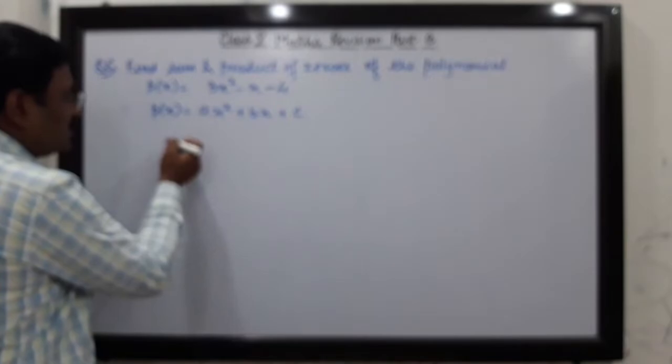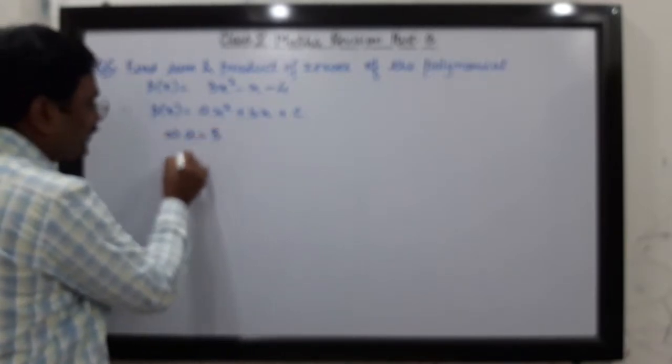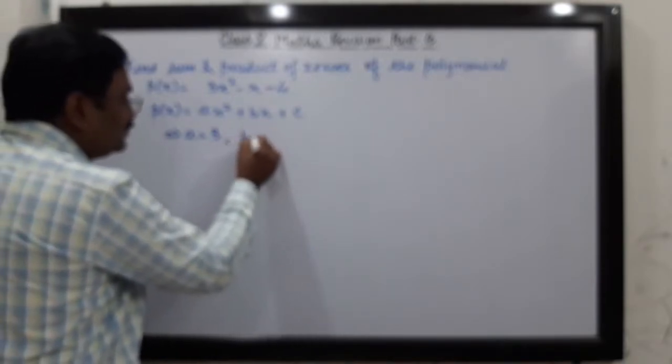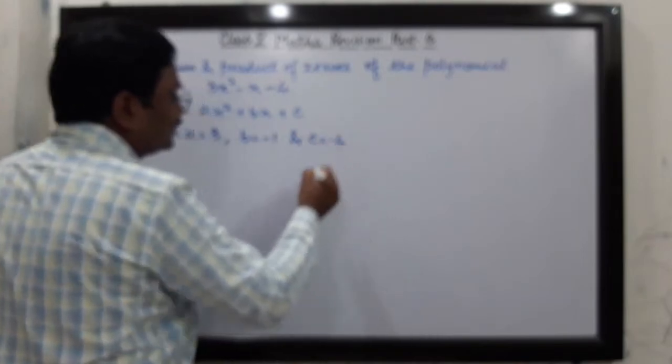So when you compare, you are getting a equals 3, b equals minus 1 and c equals minus 4.